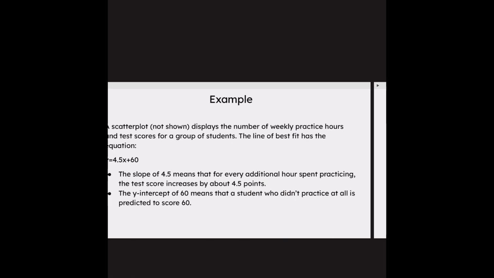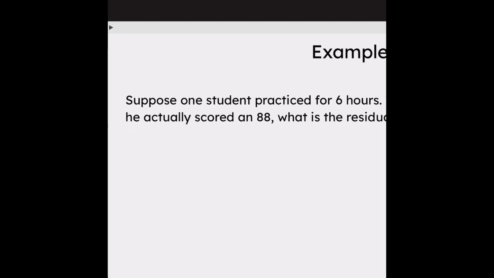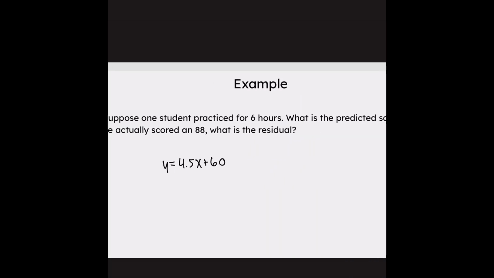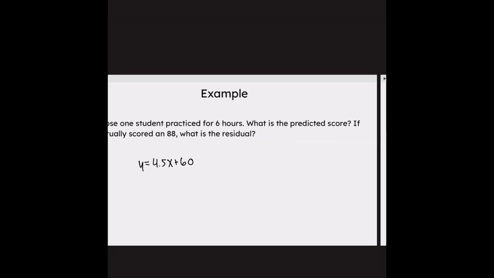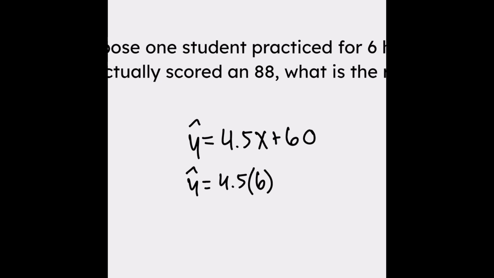Let's look at another example. Suppose a student practiced for 6 hours. What is the predicted score? If he actually scored an 88, what is the residual? So our equation is y = 4.5x + 60. If the student studied for 6 hours, then we can plug in 6 for x. I'm going to write this as y hat, because that's what we use to represent the predicted value. So y hat = 4.5 times 6 plus 60.